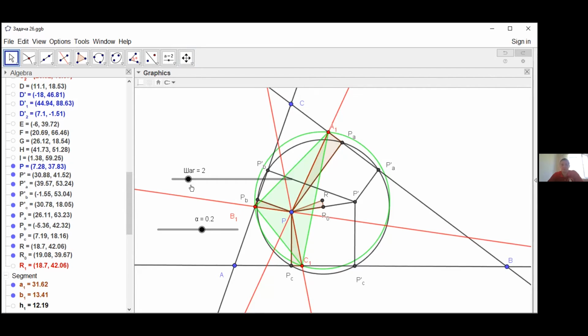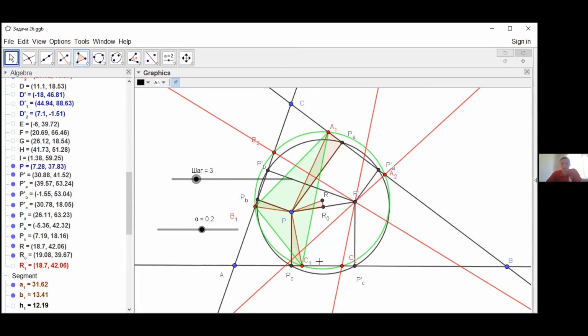And next, we see the symmetry of this construction with respect to P and P prime. So we can perform similar steps for point P prime instead of P, and consider the lines through P prime rotated by the same angle, but in the other direction.